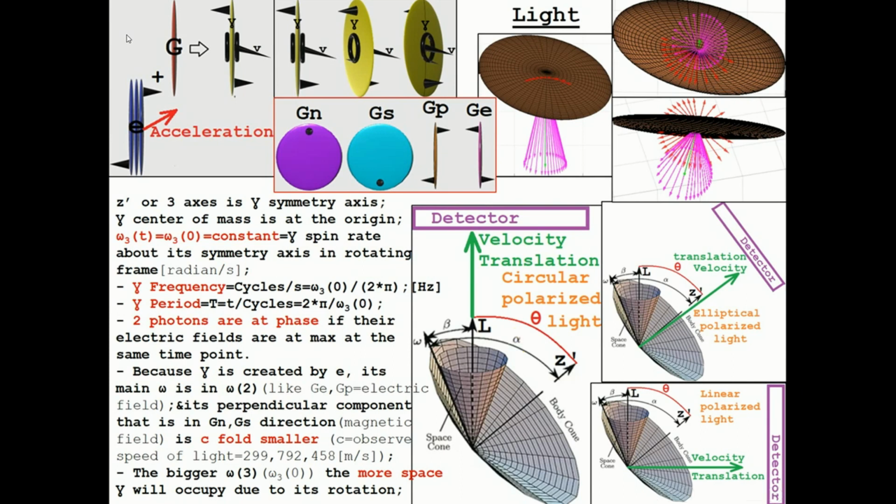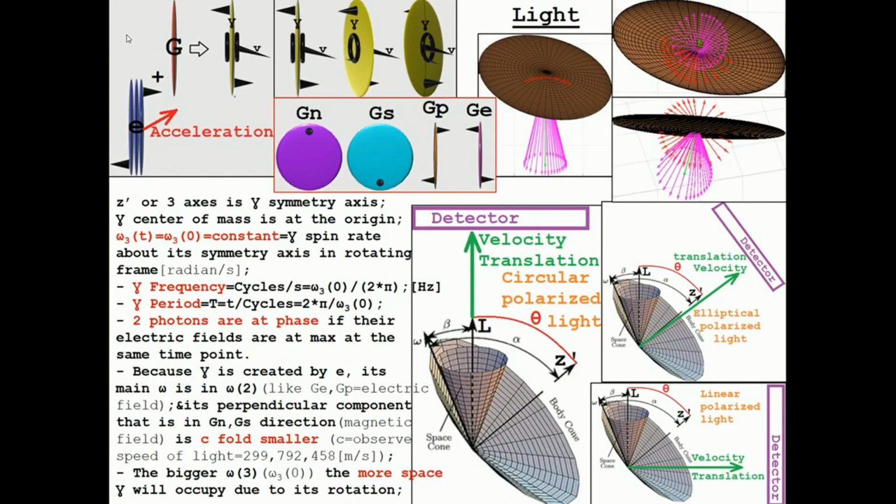At some time point, it's more in the direction of the angular velocity of the electric field particle, and at other time points, it's more in the direction of the angular velocity along the magnetic field component. When one is at maximum or minimum, the other one is at zero.